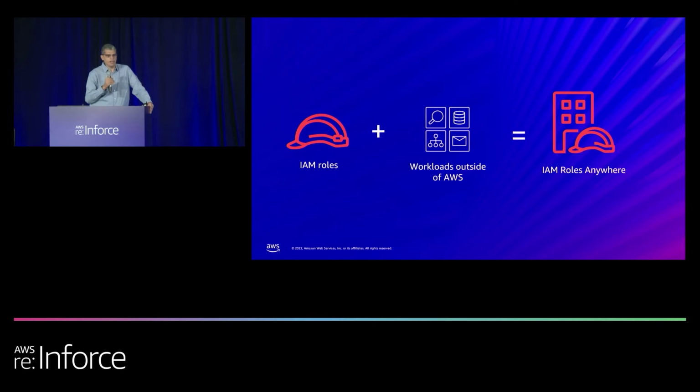Also, customers have told us that the first step in their journey to move to the cloud was to migrate their data to the cloud by giving access to their application running on their premises to access AWS resources, such as giving access to your data lake, to access Amazon Simple Storage Service, which is S3 bucket. And in order to do that, usually it's required to be managed using the long-lived credential.